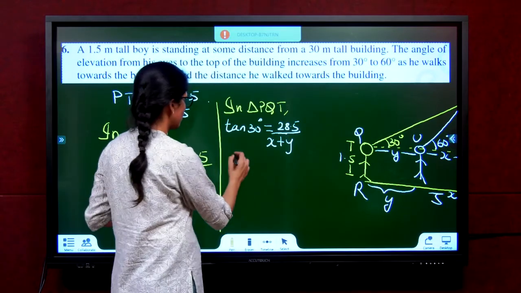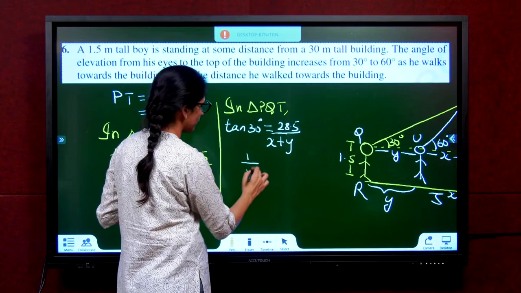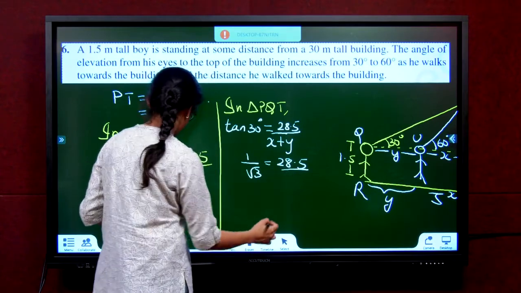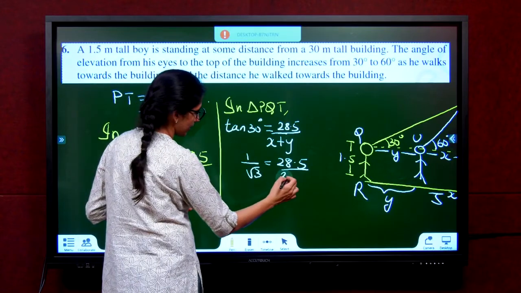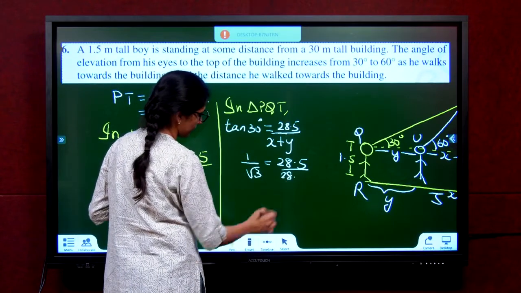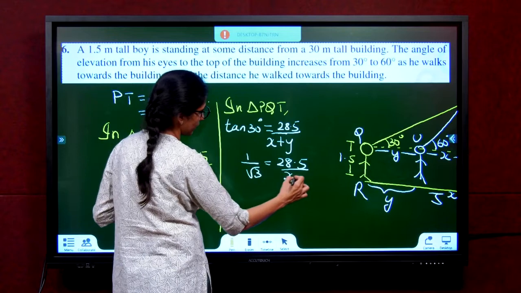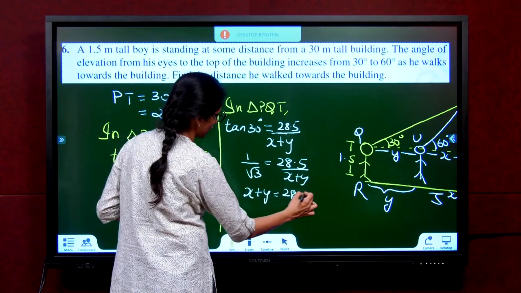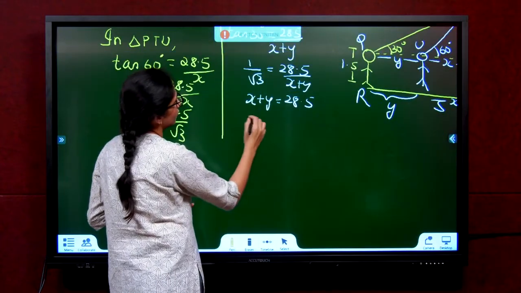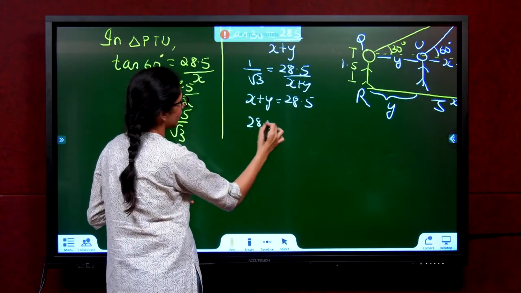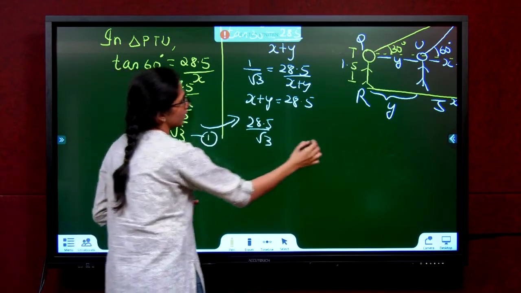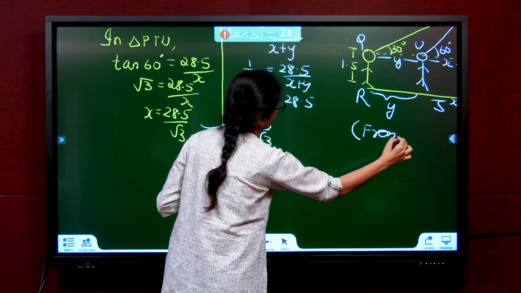Okay. So now tan 30 degree, 1 by root 3, is equal to 28.5 divided by x plus y. There's a fraction, so I'll first multiply and then do. Send x plus y this side. X plus y is equal to 28.5 root 3. Continue. X is 28.5 by root 3. How? I substituted this. So call this as 1. In brackets write down from 1.